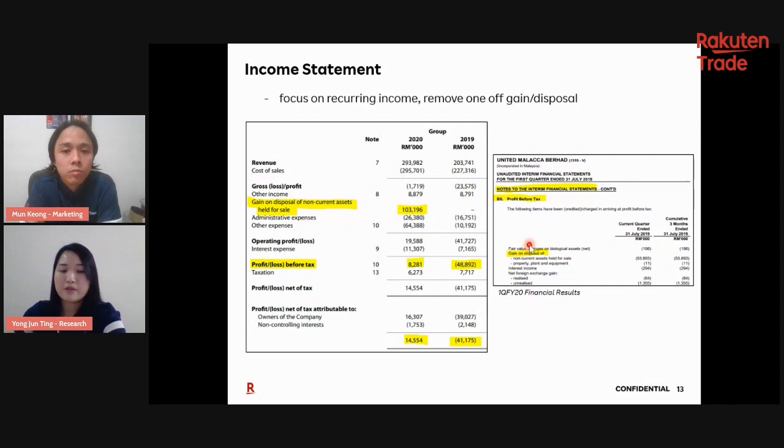And if from the financial results, look at the notes. They also mention what the extra items are, like they had this one-off gain on disposal due to the sale of assets. So it's very important to take only the core items of the income statement. That's rule number 3 for your income statements, right?